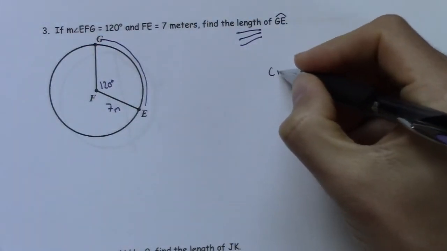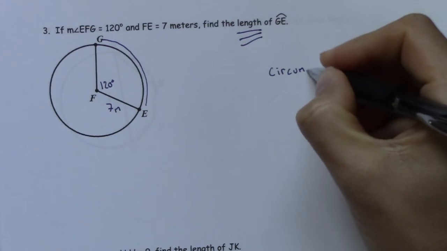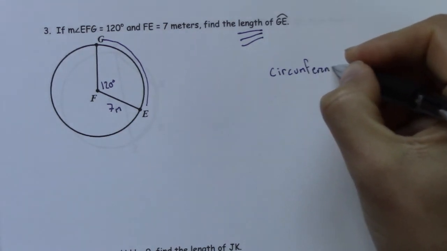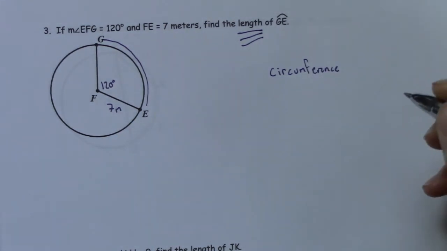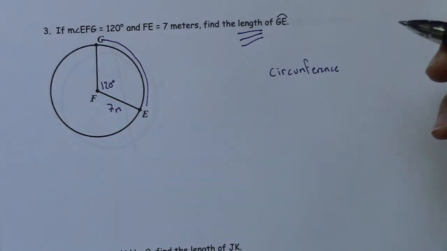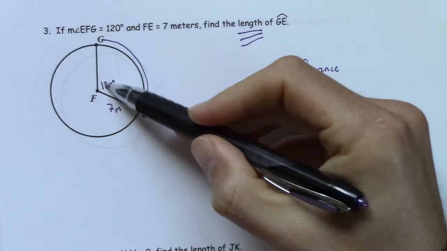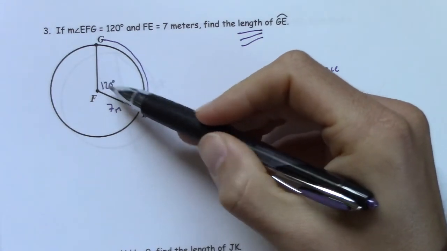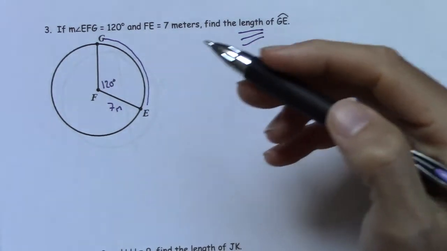The measurable distance of the entire circle is circumference. But then the whole point is we don't want to know the whole circumference. We only want to know a part of it. Specifically, we want to know this part right here, the 120 degrees, which is a portion of the whole thing.